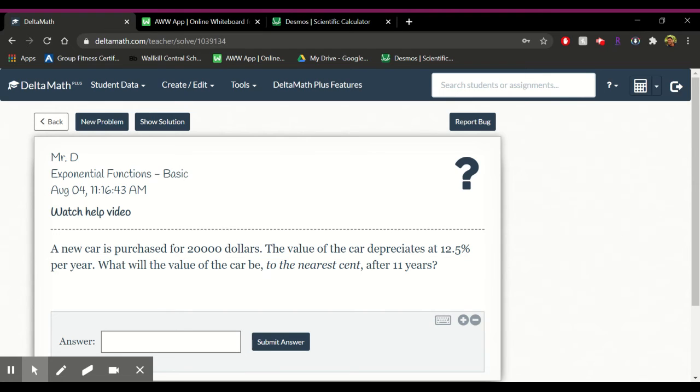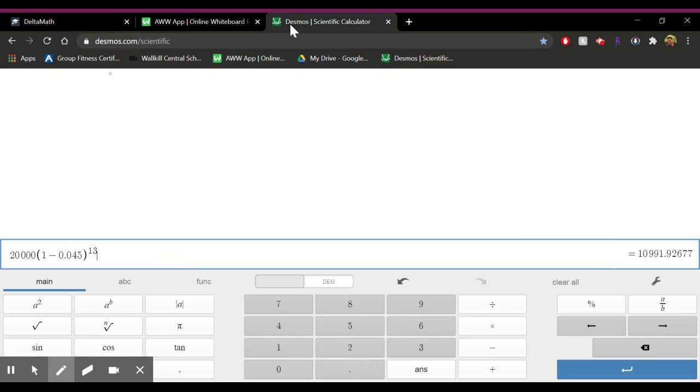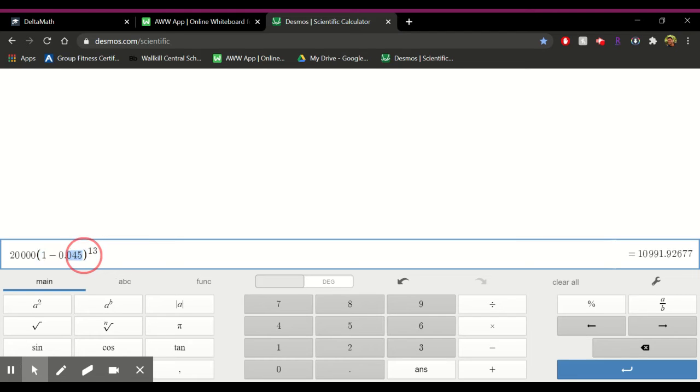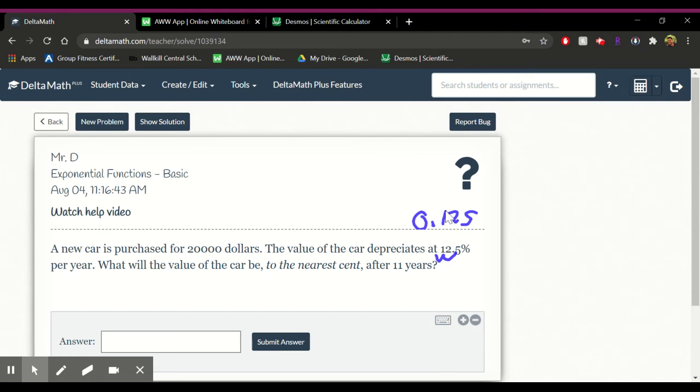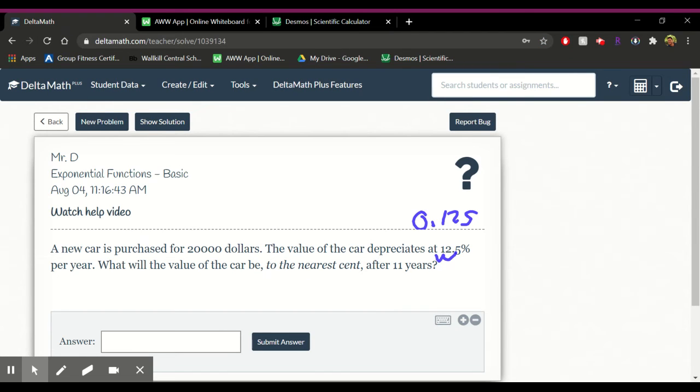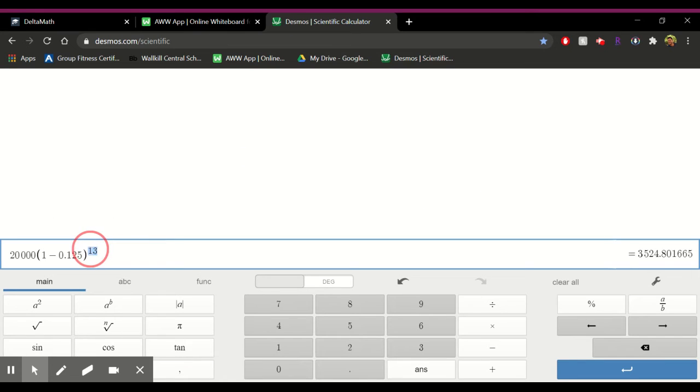You move the decimal over 2 spots, 1, 2, right? 0.125. That's how it depreciates. So in our calculator, 0.125, and after 11 years, so this one, instead of 13, it's going to go to 11.